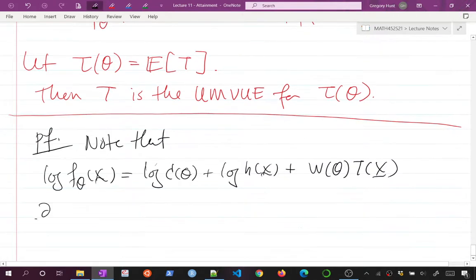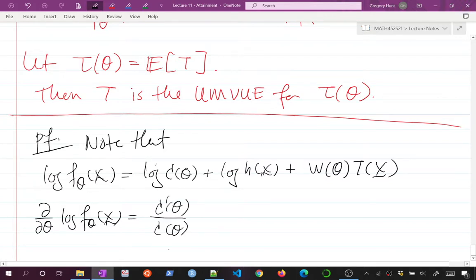And so if I take a derivative of that with respect to theta, what do I get? By chain rule, the log of some function of the variable I'm differentiating against is, let's call it c prime of theta over c of theta. Now that's just chain rule with logarithms. H doesn't depend on theta, so this whole thing goes away.